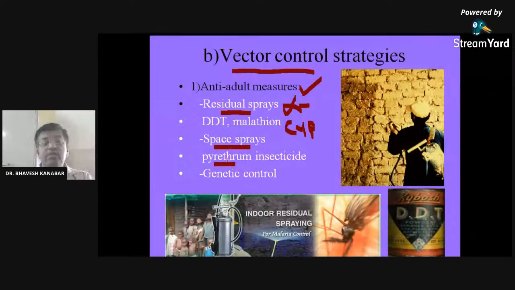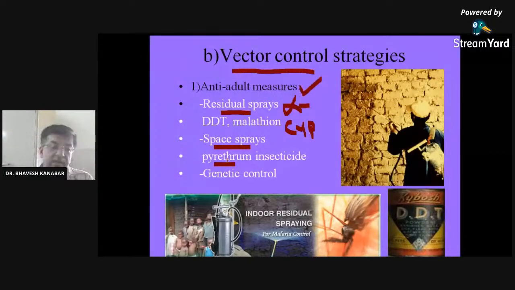You may have seen the machine moving in your city or village many times, operated by the corporation or Nagarpalika, going along the road, and smoke is generated that uses diesel or kerosene along with the pyrethrum, right? And this is for the control of mosquitoes.